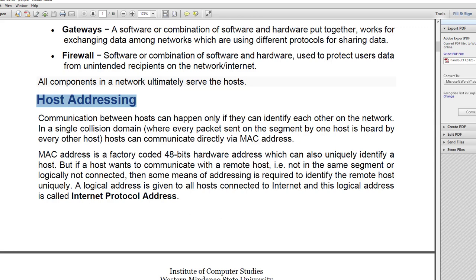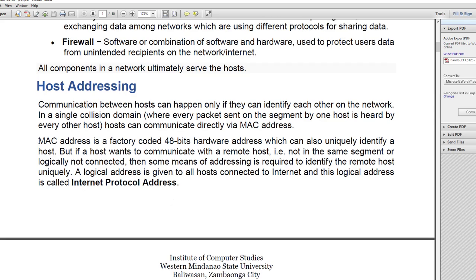Communication between hosts can happen only if they can identify each other on the network. A MAC address is a factory-coded 48-bit hardware address which can uniquely identify a host.